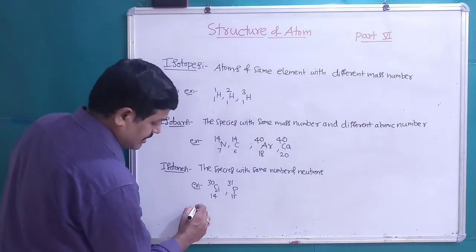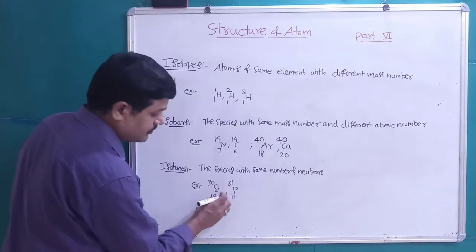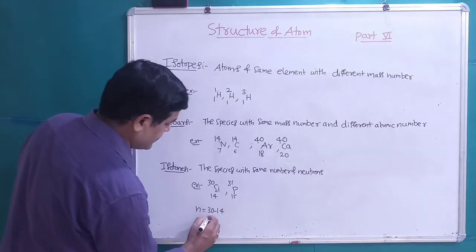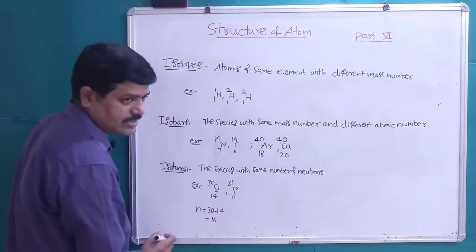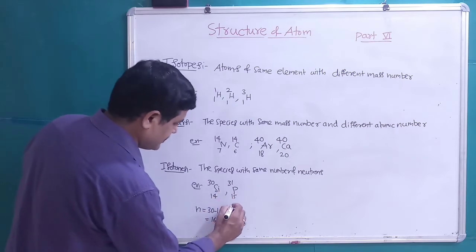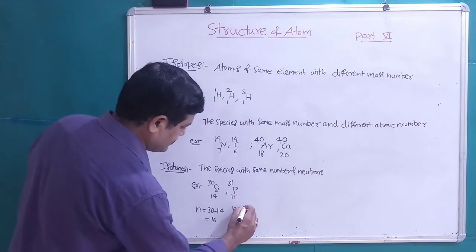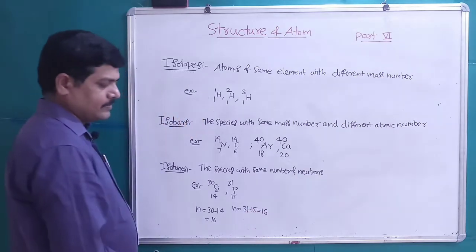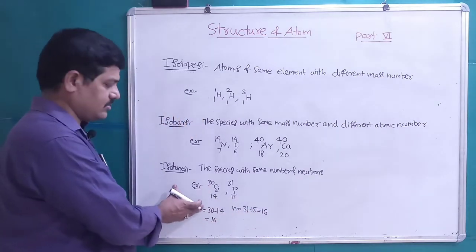Students, here the number of neutrons in silicon is A - Z, 30 - 14, that is 16 neutrons. In phosphorus, the number of neutrons is 31 - 15, which is also 16. So these are called isotones.